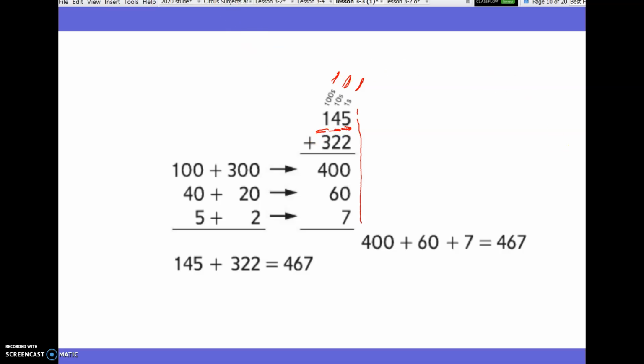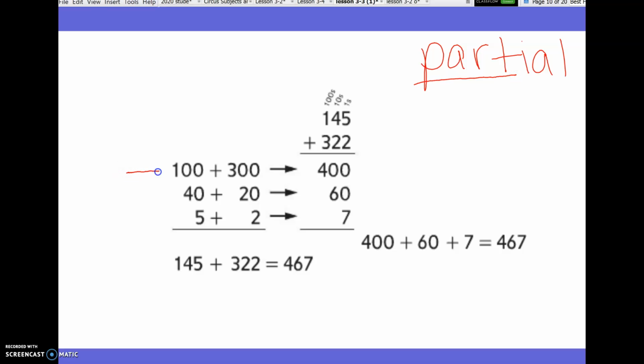Okay? So when we are using partial sum strategy, we are going to take our places apart. All right? We have the word partial. That means partial means some of something, not all of it. So we're going to use a part. We're going to take apart our hundreds, and then our tens, and then our ones.